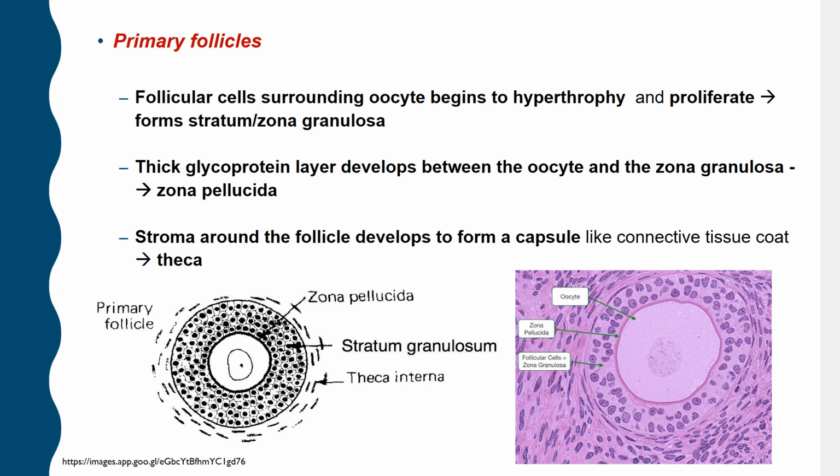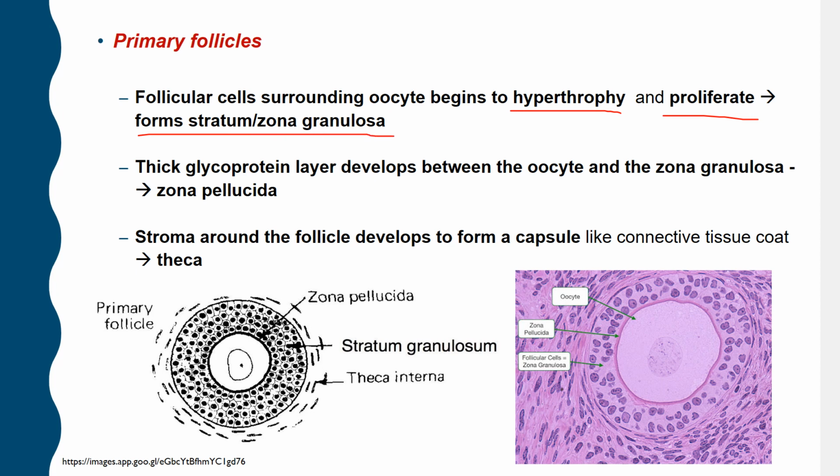The follicular cells surrounding the oocyte will undergo hypertrophy, which means they increase in size, and they also proliferate to increase in number to form a stratum, or what we know as the zona granulosa. You can see it here.